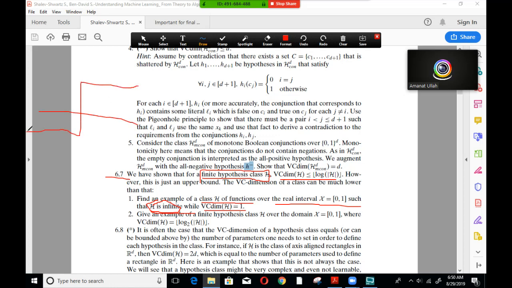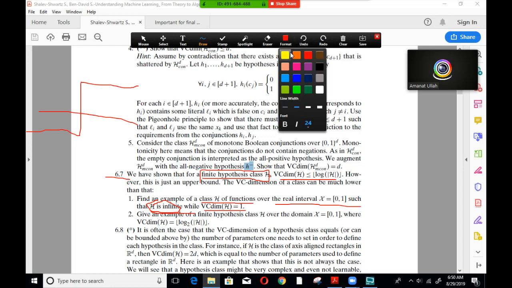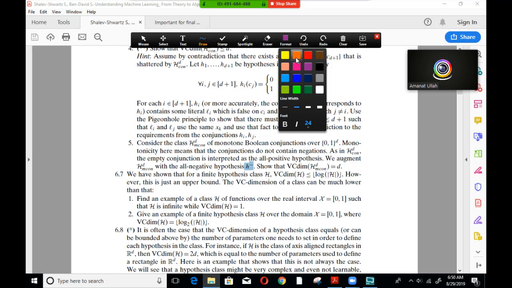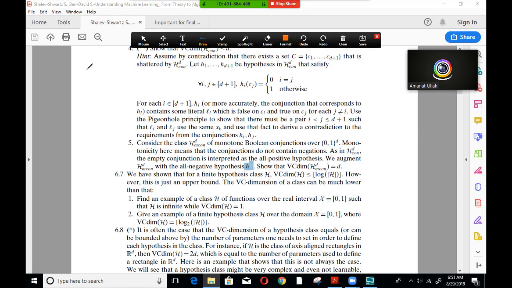So the only function which has a VC dimension 1 that we know of is the threshold function, and the threshold function is the function where before a certain value... So let us first draw the x and y axis.